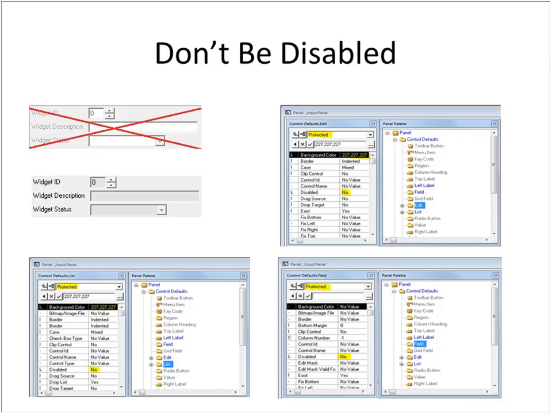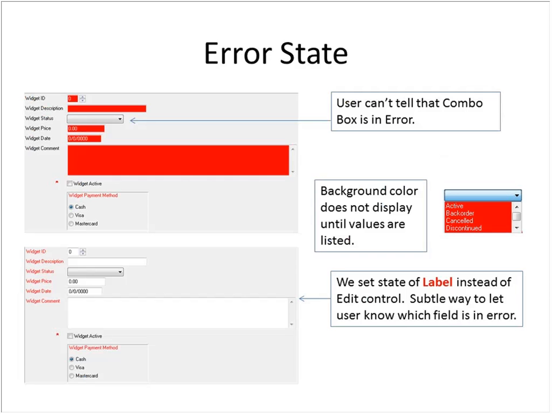By default, it's disabled, yes, and I've changed it to disabled, no. And what that allows me to do is, like in the graphic on the left in the middle there, that's a better rendering of what those fields will look like when they're read-only but not disabled. So it's much better for your users. They can still read the field, and it just looks and feels much better. So that's the solution that I would recommend for fields that are in the protected state.